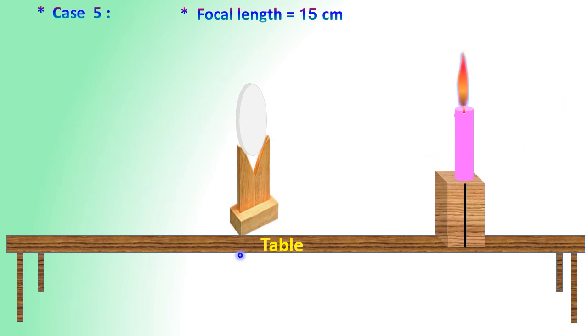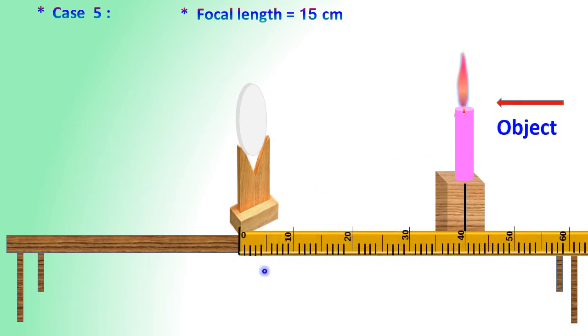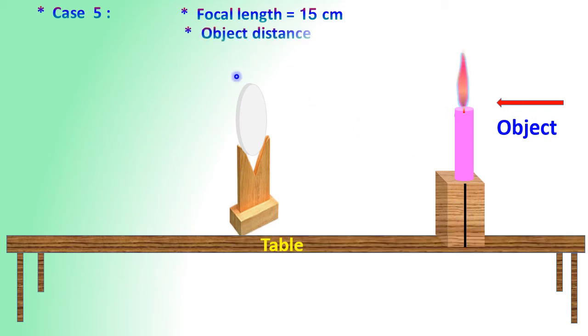This is the object. Now, the distance of the candle from the V stand or from the lens is 40 centimeters. So, object distance equal to 40 centimeters.